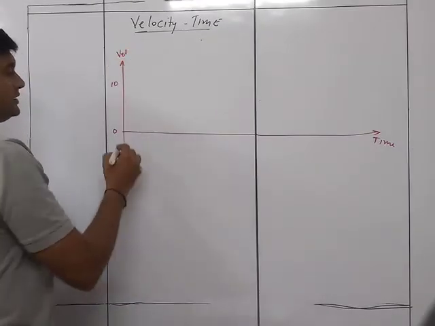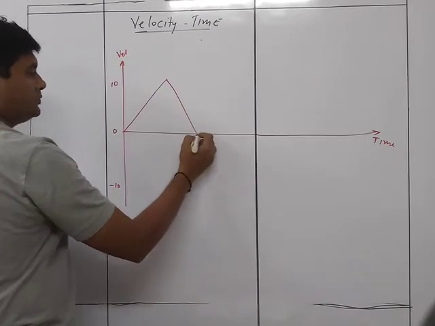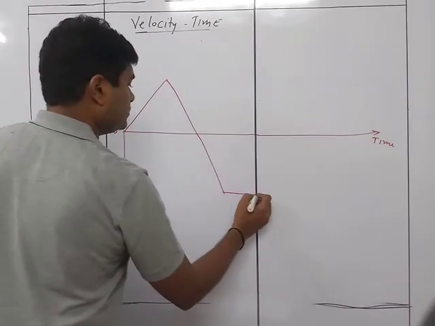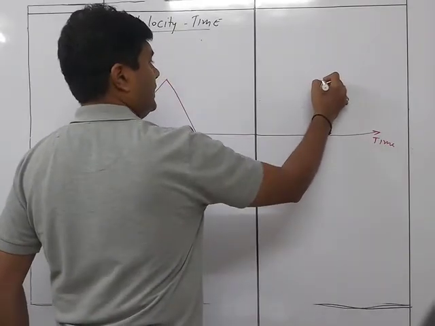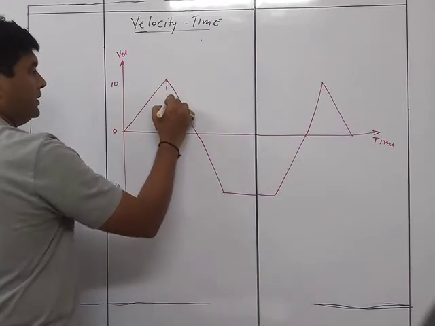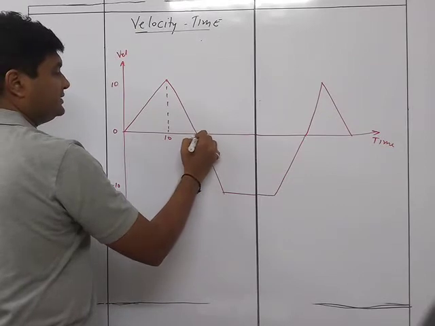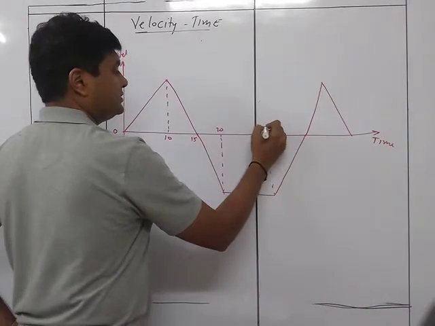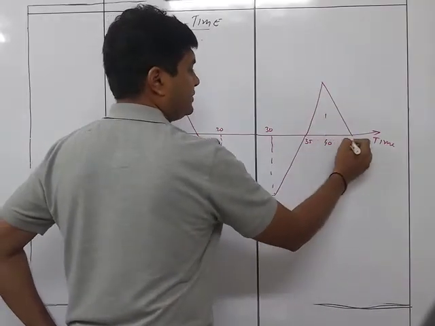Suppose the body travels this way: it comes here, goes here, then comes here, then goes straight over here, then comes over here, and then again goes here and comes down here. Suppose this point is 10 seconds, this is 15 seconds, this is 20 seconds, this is 30 seconds, this is 35 seconds, this is 40 seconds, and this is 45 seconds.